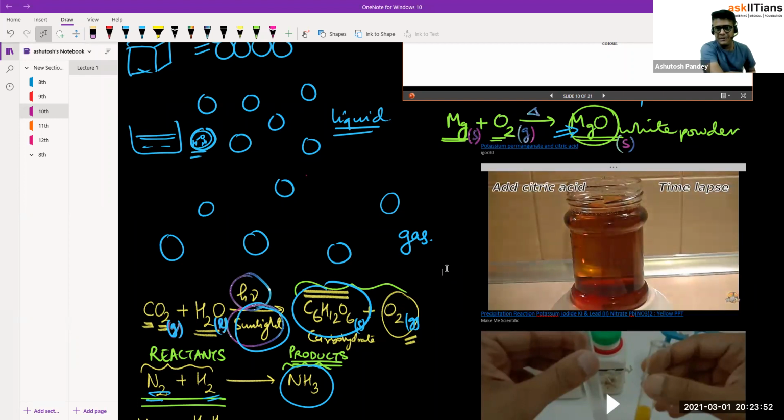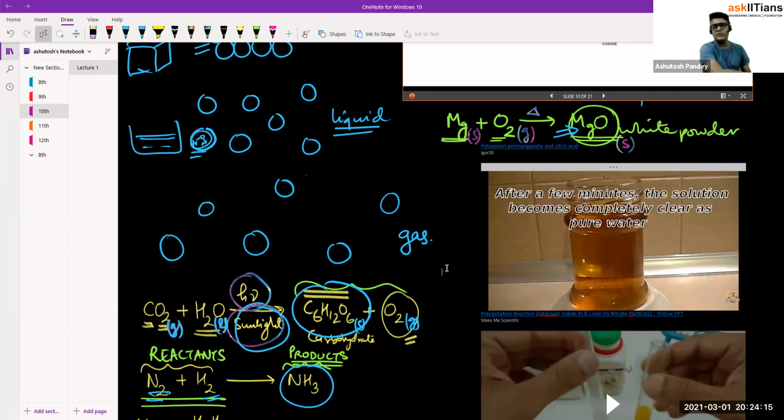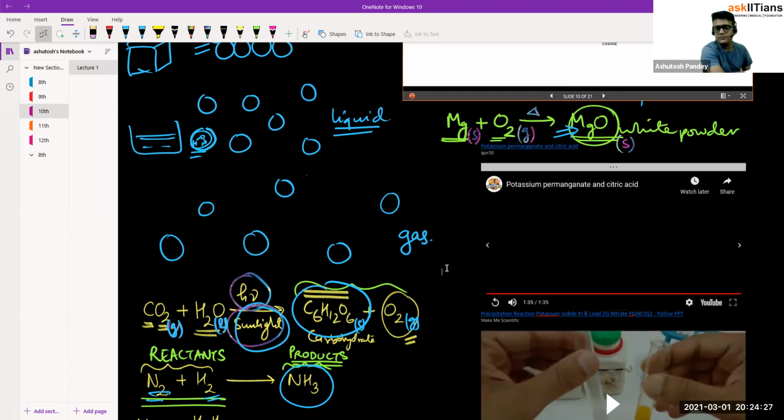See, the color change is happening or not? After a few minutes, the solution becomes completely clear as pure water, where the color of potassium permanganate disappeared.